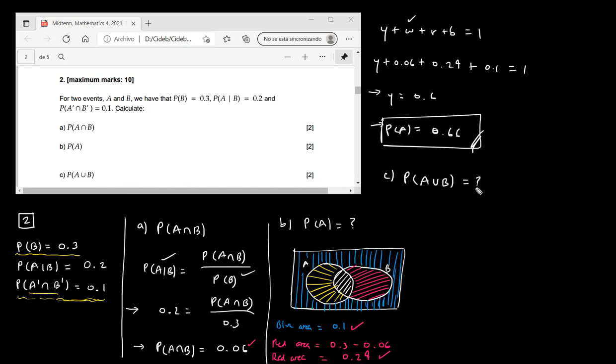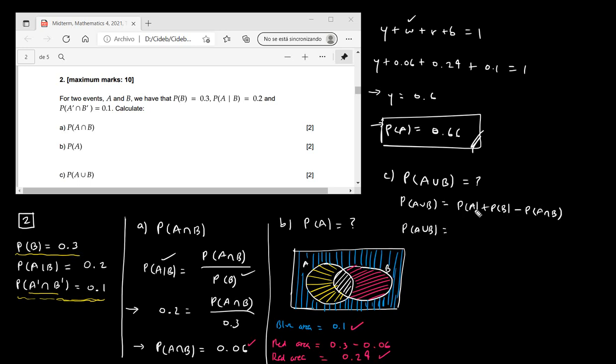Let me write down the general formula when we have or, union. This is the one, and this one always works. Do I have the probability of A? Yes. Do I have the probability of B? Yes. Do I have the probability of the intersection? Yes. That's it. There's nothing else to do.